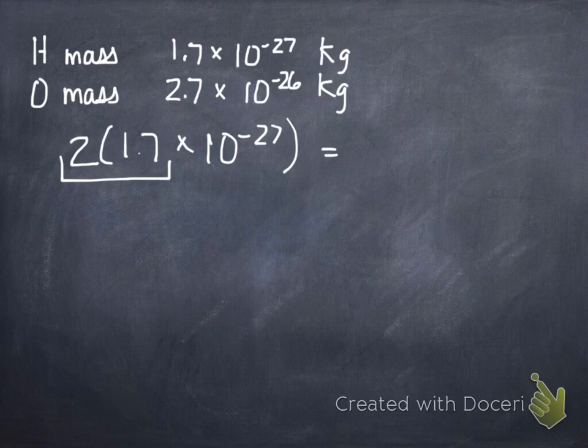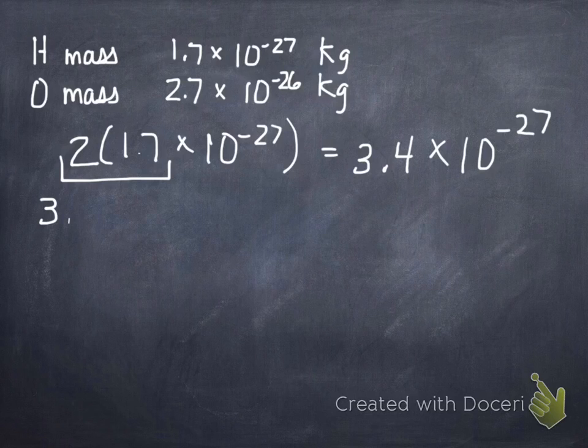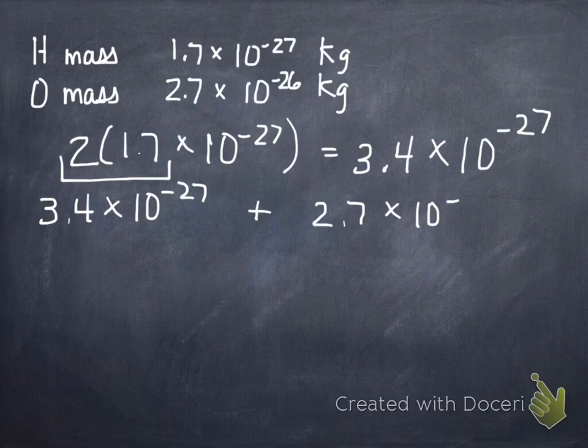This is really 2 times 1.7 times 10 to the negative 27. So I can write this as 3.4 times 10 to the negative 27. So I just doubled the hydrogen's mass to get that. Now I want to do 3.4 times 10 to the negative 27 plus 2.7 times 10 to the negative 26.